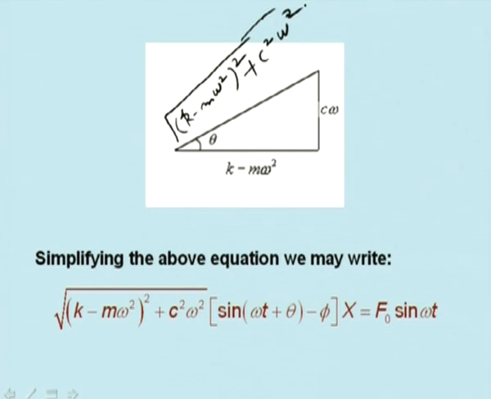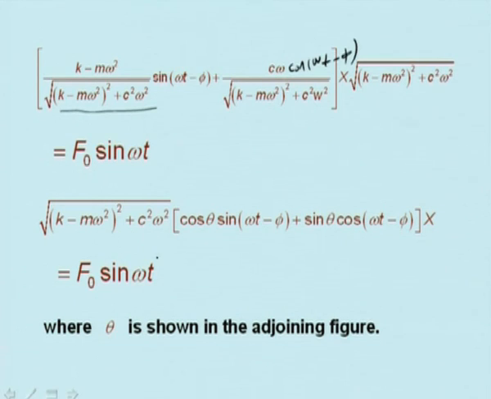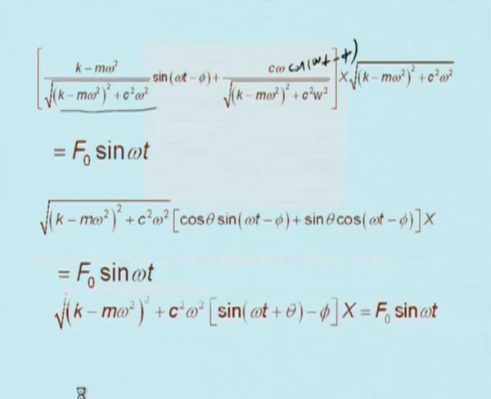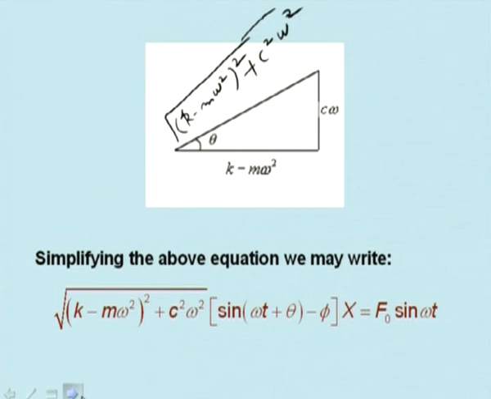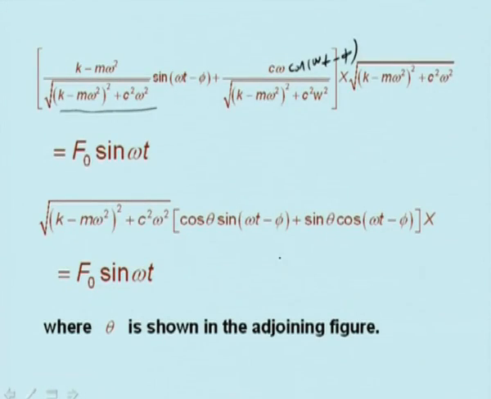Now simplifying this expression, we may write it like that, sin(ωt + φ), because this is the formula of sin(ωt + φ). This one, cos(ωt − θ), basically this is sin(ωt + θ − φ), because this is A + B, so sin(ωt − φ + θ).